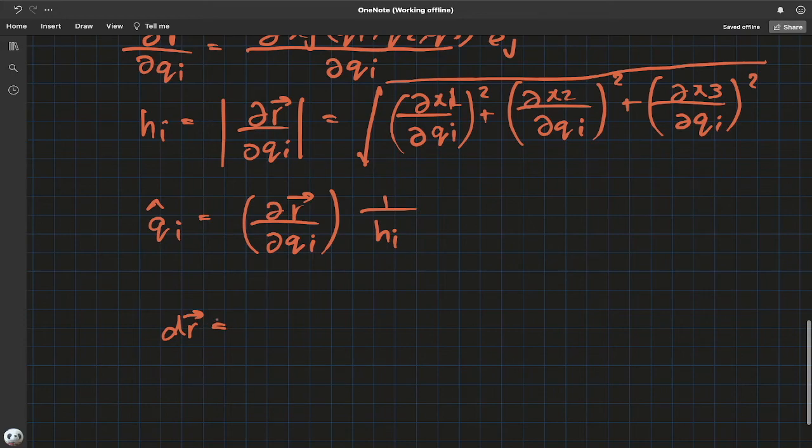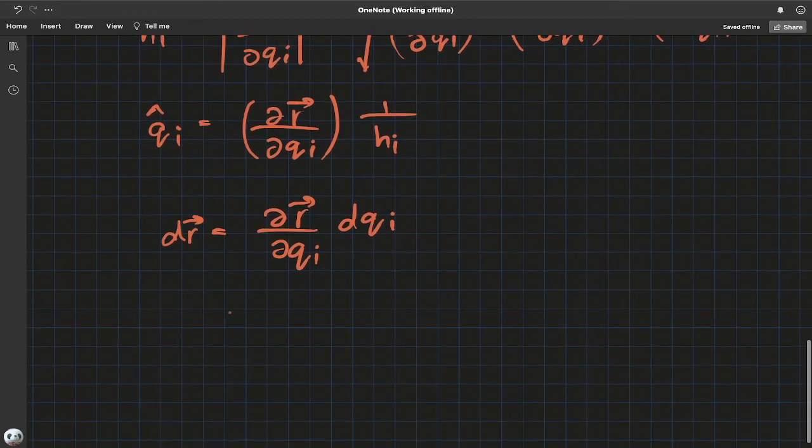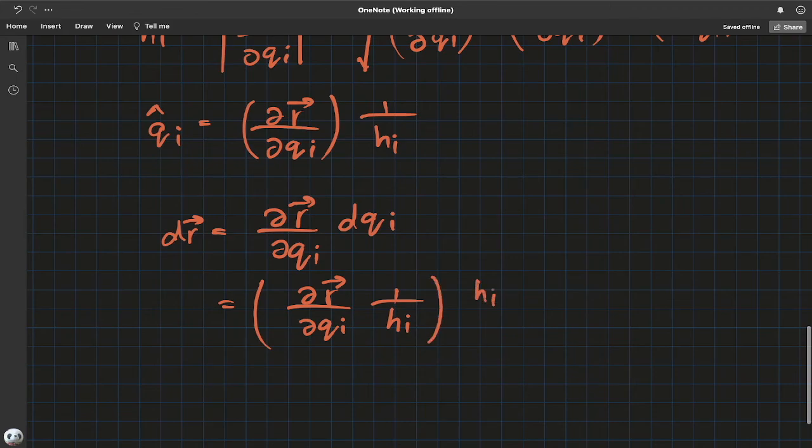Partial derivative of your position vector, you can use your chain rule to write this like this, dqi. This is just chain rule in multivariable calculus. But notice what this guy is. You can write this as divide by your scaling factor, multiply by your scaling factor, because this is like multiplying by 1, which is acceptable.